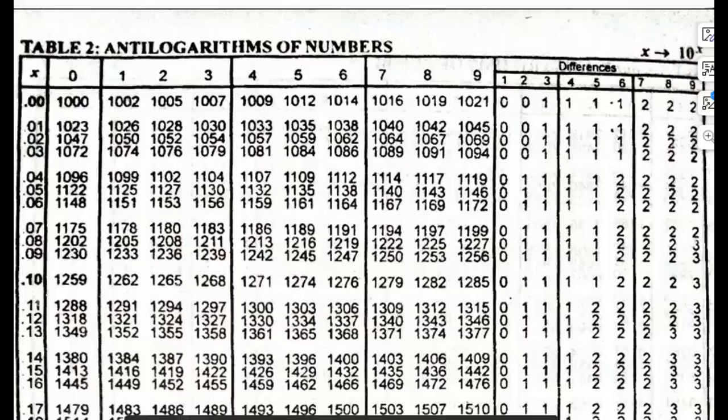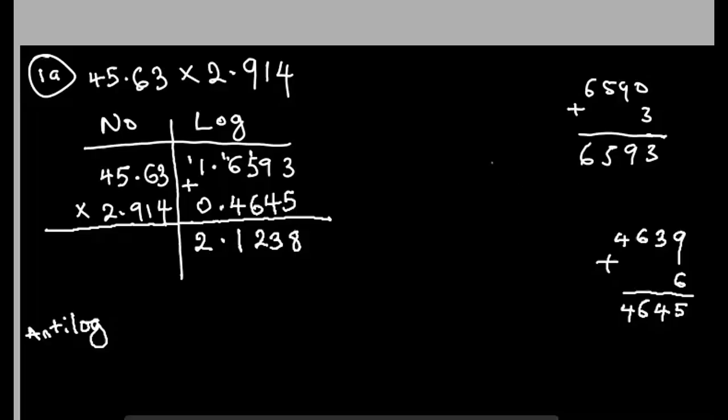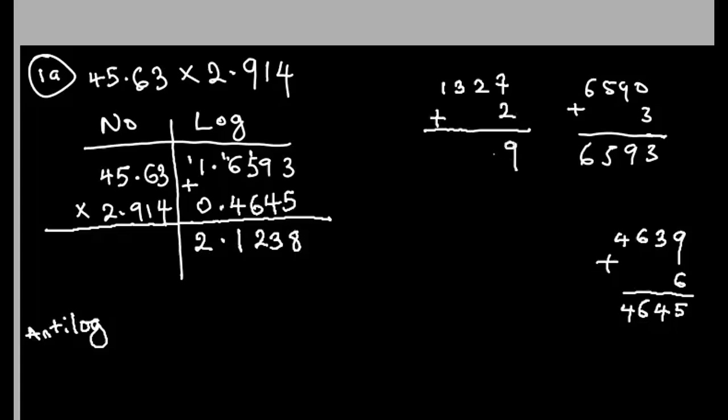So when we add these two values together, 1327 for 0.12 under 3, and 2 for the 8, we have 7 plus 2 is 9, then 2, 3 and 1. So finally, we have 1, 3, 2, 9.